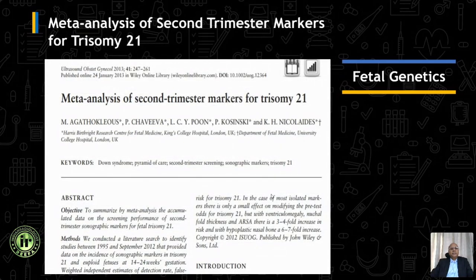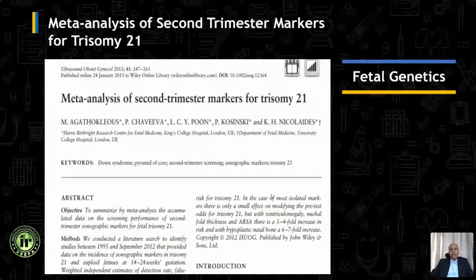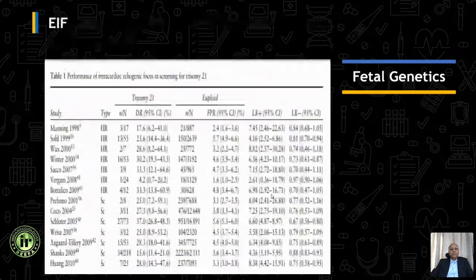A lot of analysis has been done on these second trimester markers, and one of the best compilations of all these analyses is by Agathokleous, an article which is a meta-analysis of second trimester markers.